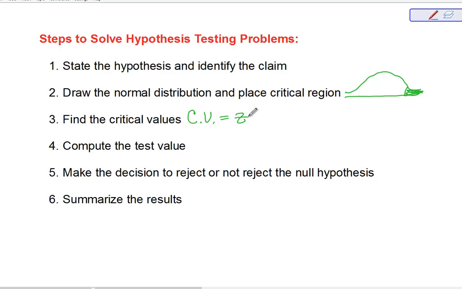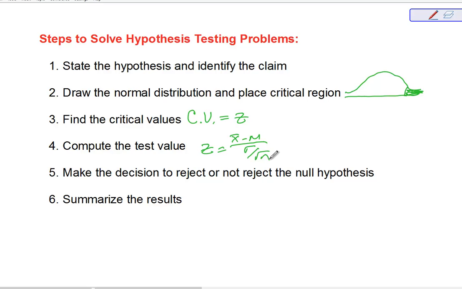Then we're going to compute the test statistic. The test statistic is a z, and it's the sample mean z. So it's going to be this z formula that we have right here, because we're usually going to have a sample size and everything, so we're going to use this for our hypothesis testing test statistic.